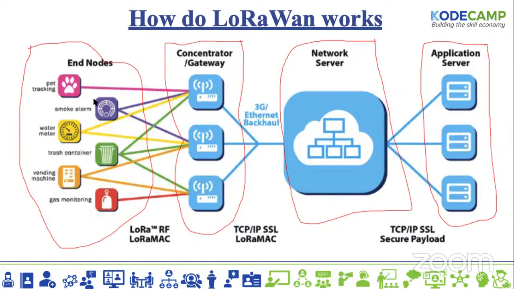So these are just basically the devices at the edge of the communication. It can be anything you want to work with or transmit. Maybe it's your GPS device, or a device that checks the temperature of a particular place.